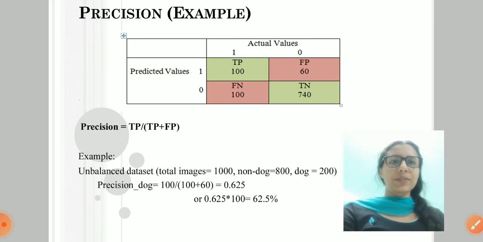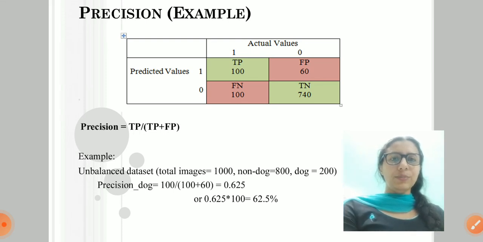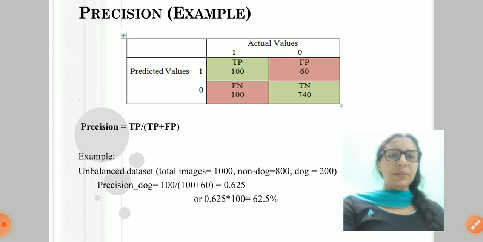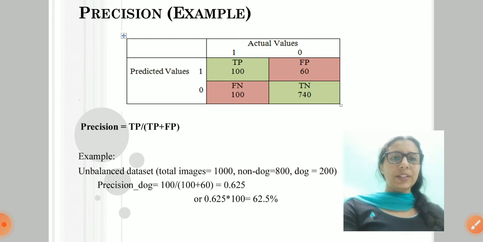If we put these values into the precision formula, we get a precision value with respect to the class dog as 0.625, and when we multiply it by 100, we get 62.5%. So precision is used in those applications where we want to reduce the false positives or the type 1 error.